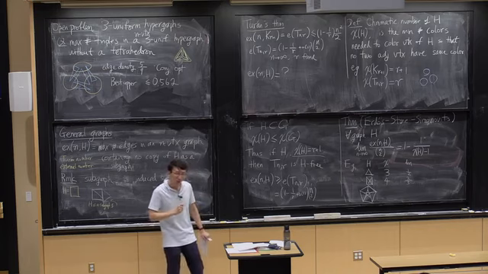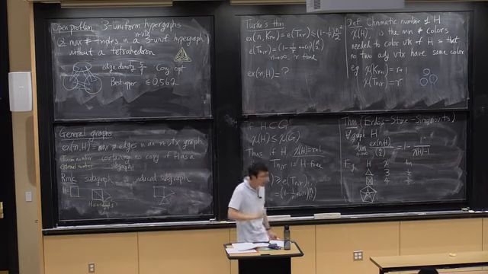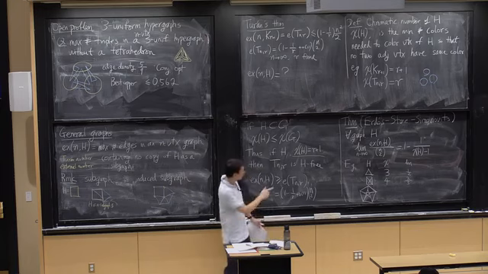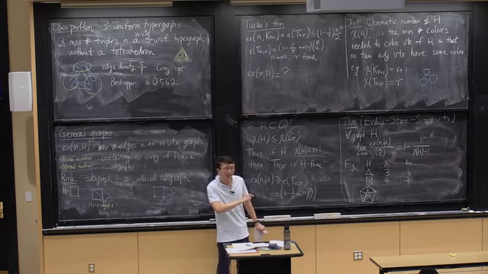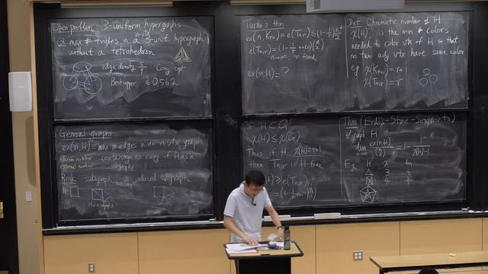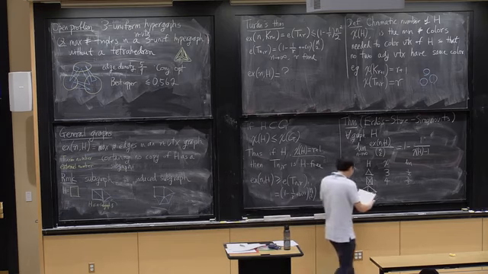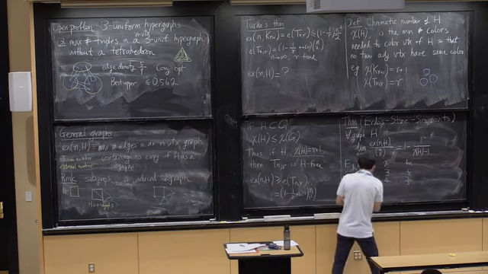What's the chromatic number of the Petersen graph? Actually, that's kind of a tricky question. The last time I taught this course, I even got the answer wrong. So it turns out you can 3-color the Petersen graph. It's completely not obvious how to do this, but there are only so many vertices. If you stare at it long enough, you can see what happens.